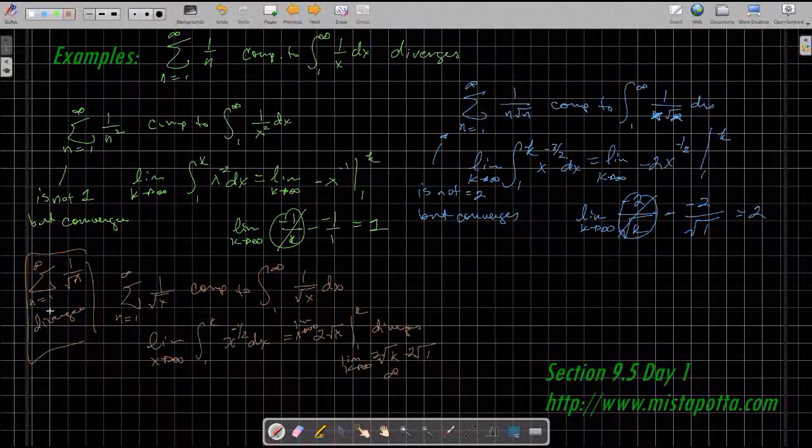And so what I'm noticing here is, if this is something where after I integrate, I still end up with a negative power, I know that as my x value goes towards infinity, this graph goes towards 0.